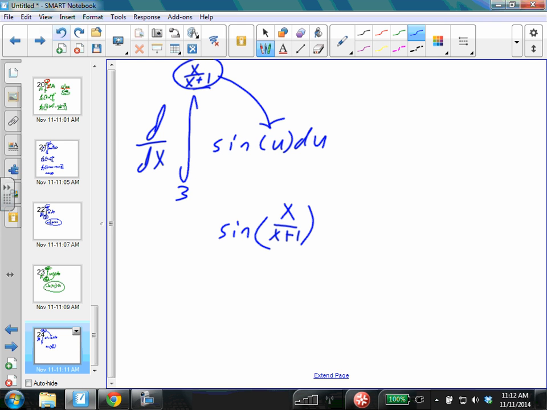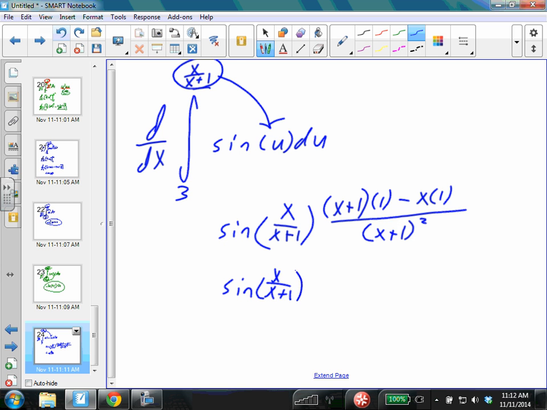That is correct. We need to find the derivative of x plus 1. And so we would get low d high minus high d low all over low squared. Okay, so this is sine of x over x plus 1.